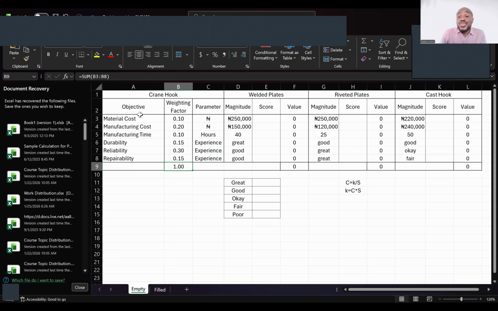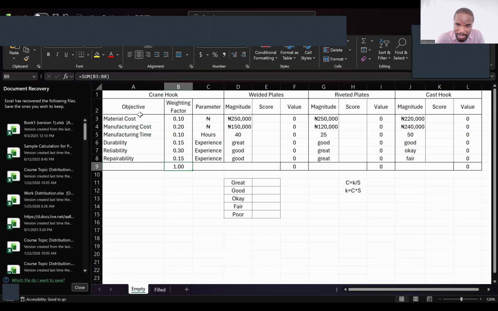So you can decide to have your scale. You can do a scale of 1 to 5, or a scale of 1 to 10. Whatever scale you choose, you just know that for material cost, whichever one is the cheapest is the best for you. Now let's check. To get the materials for the welded plates, how much is the material? 250,000 naira, right?